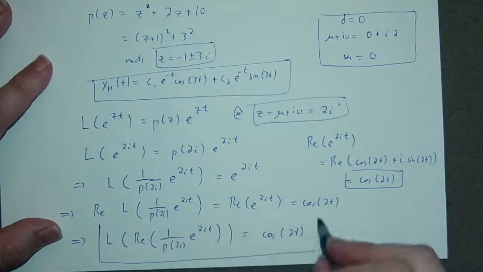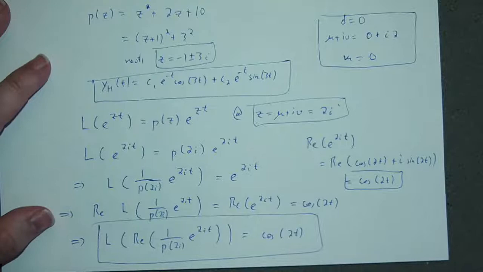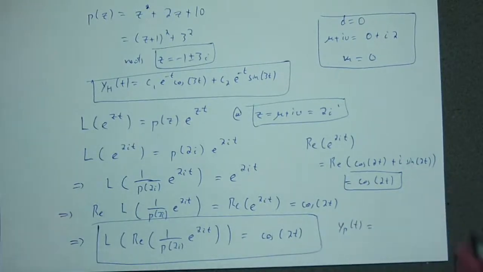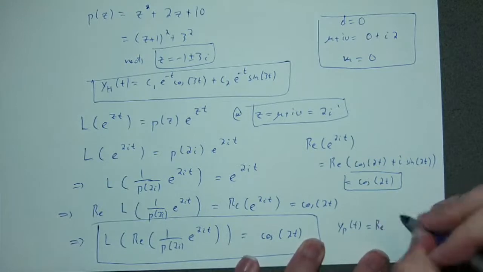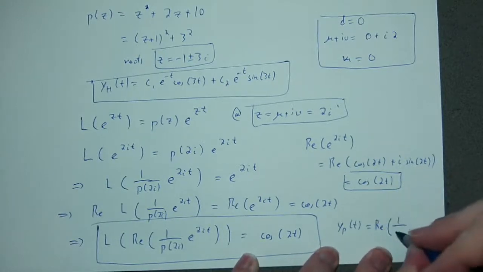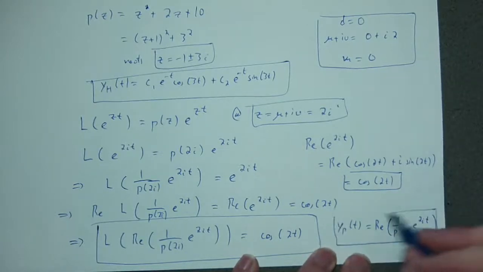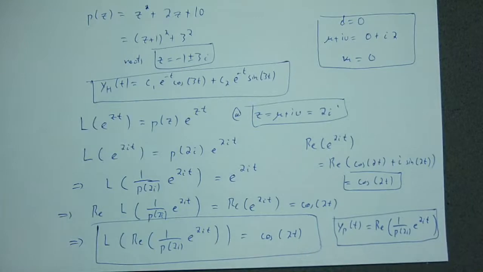And so we have found our particular solution. Y, so p of t, is this thing. It's the real part of 1 over p of 2i e to the 2it. You might say, oh, I'm happy. That was actually easy.